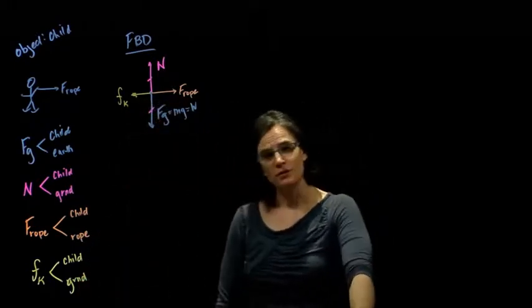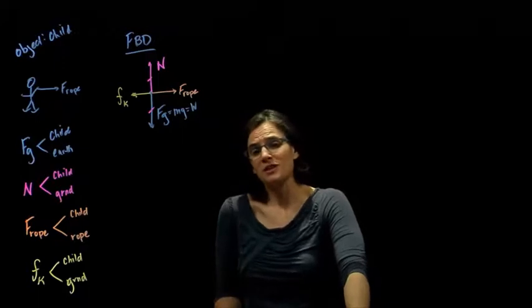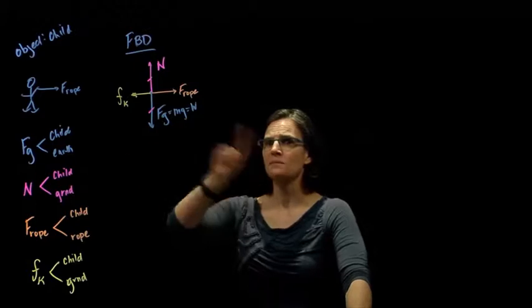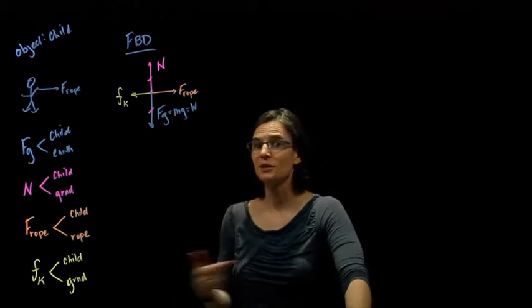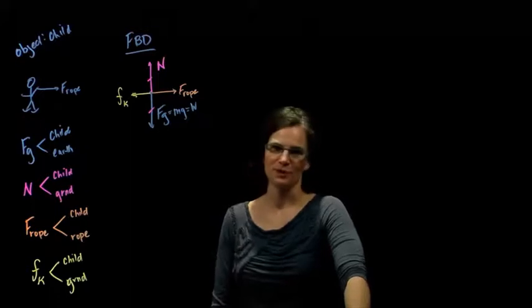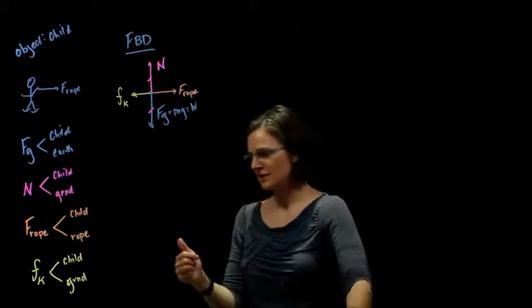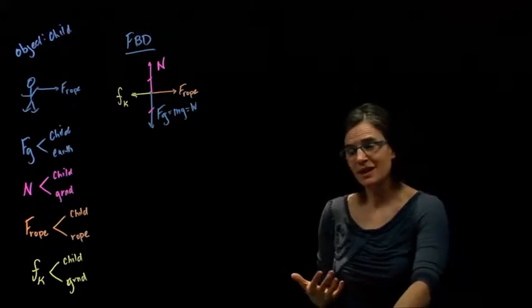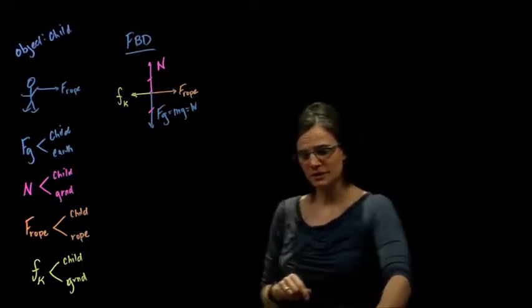Now, why would I have drawn that arrow a little smaller? Well, my prediction right now, those are the only forces acting, and so perhaps since he's accelerating, I need to be thinking about the forces to the right being bigger. So they're bigger, and friction is smaller to the left.